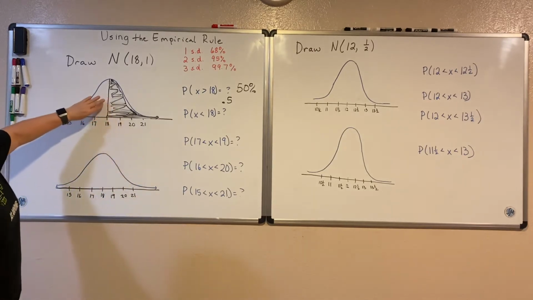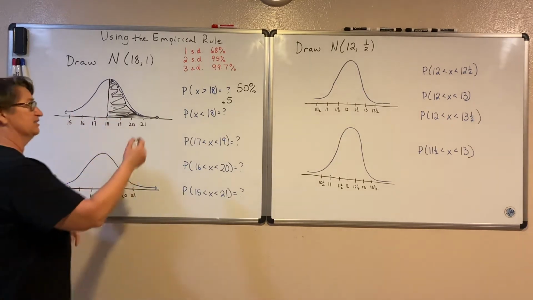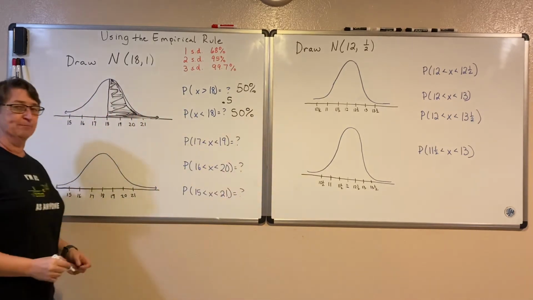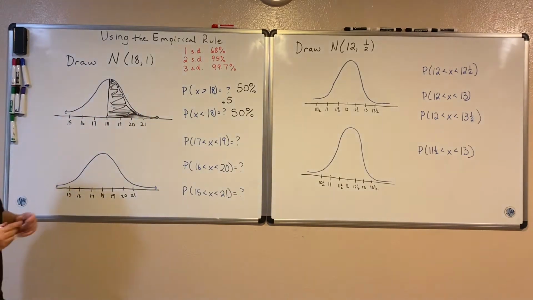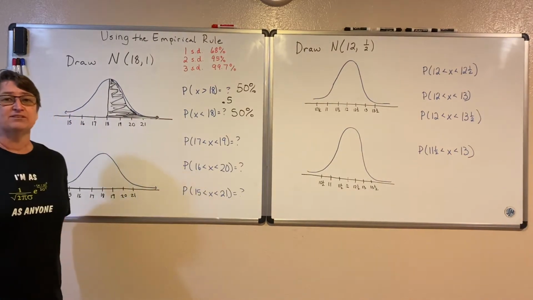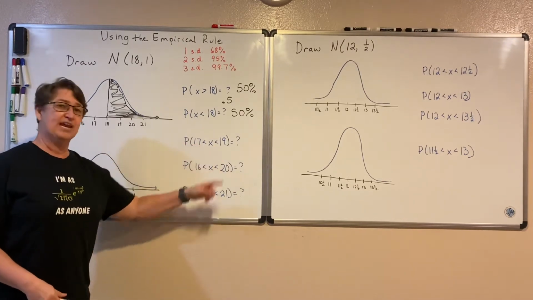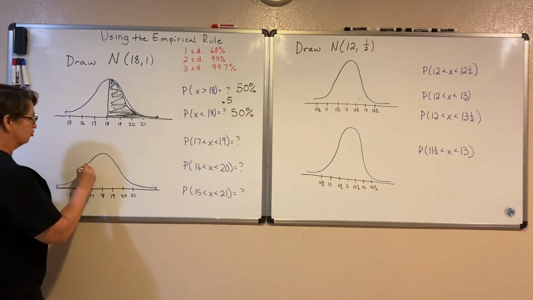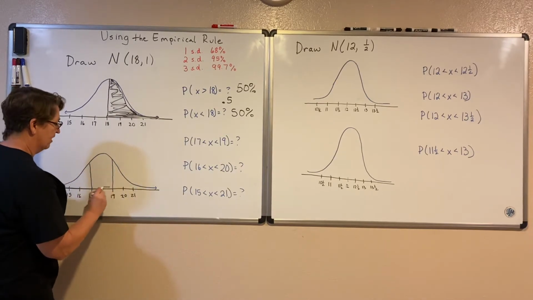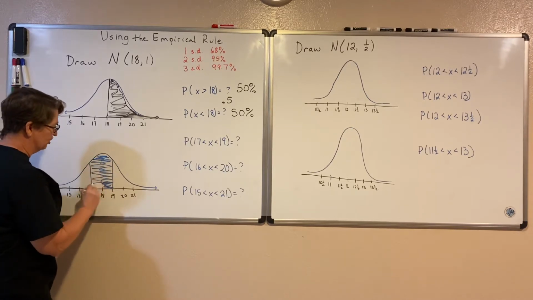Well then, how much is below 18? Since this is symmetric, it is exactly the same, and 50% is also below that mean. Then let's look at the probability that if I randomly select a piece of data from my data set, I get between 17 and 19. Notice that 17 to 19 is 1 standard deviation from the mean.